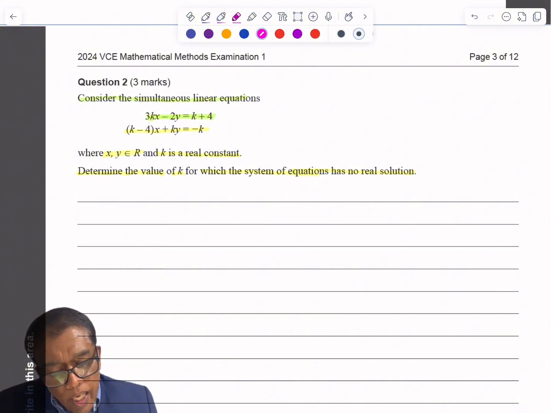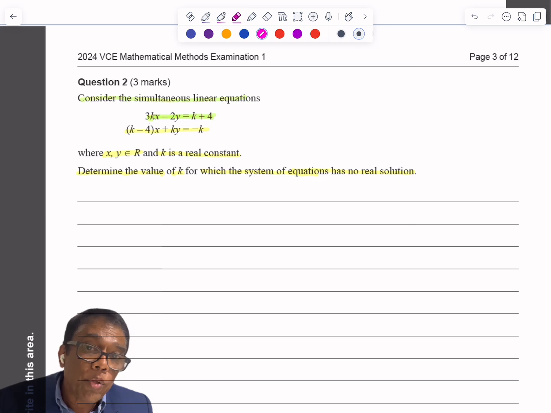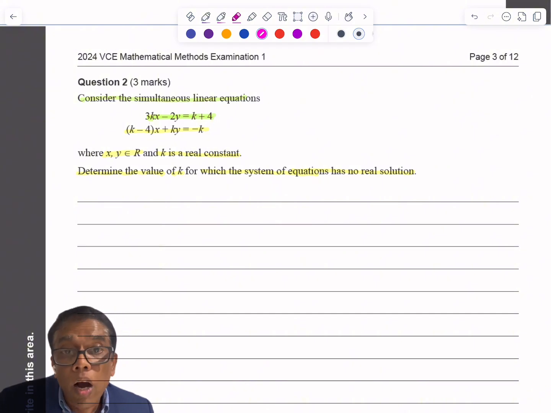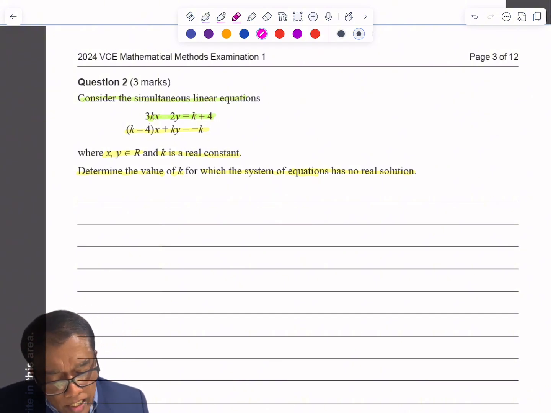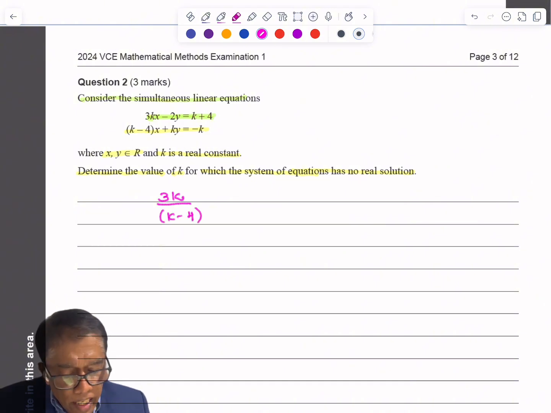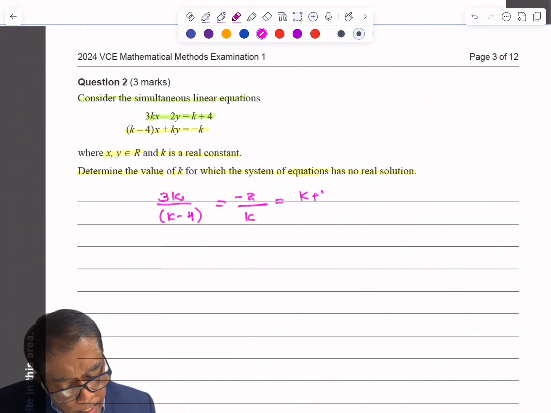Now, how do we do that? We have different methods to do this. I'll consider the ratio method, the ratio of the coefficients. If we consider the ratio of the coefficient of x, 3k divided by the coefficient of x in the second equation, k minus 4, then negative 2 divided by k, is equal to this one, k plus 4 over negative k.